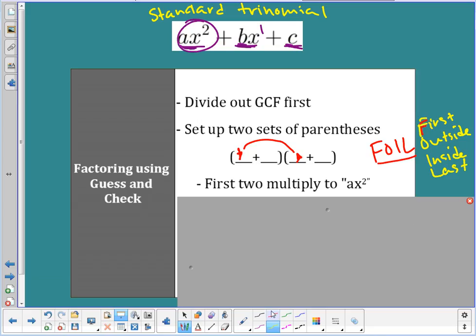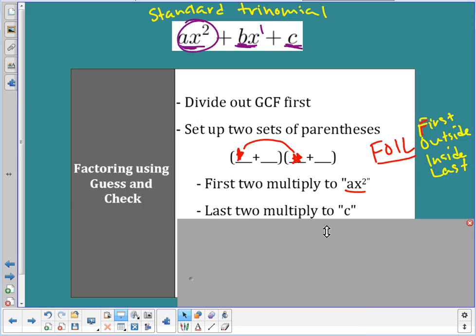Those first 2 terms are going to be the easiest ones for you to figure out. I need the first 2 terms to multiply together to give you that ax squared, that first term in the trinomial. Then the last 2 terms, that's going to be the next easiest thing for you to figure out.